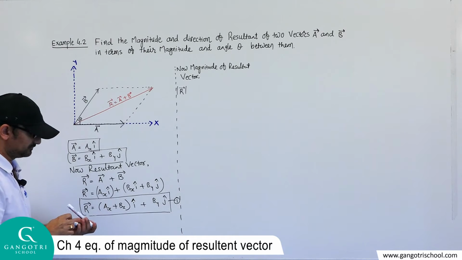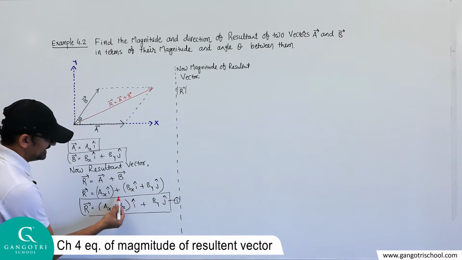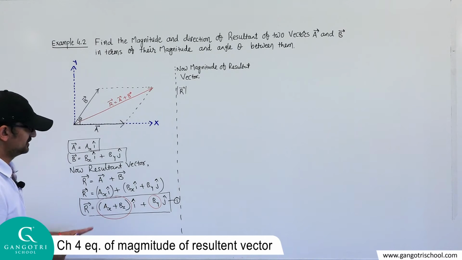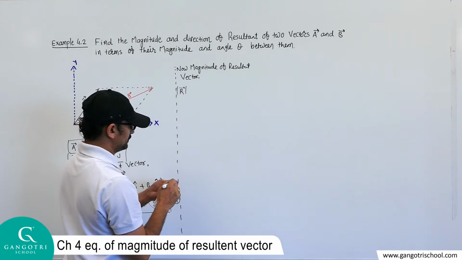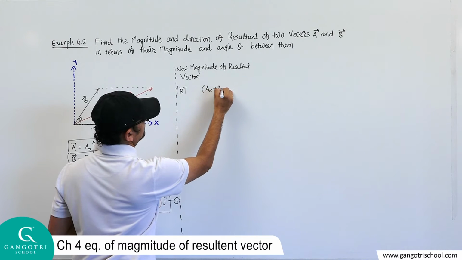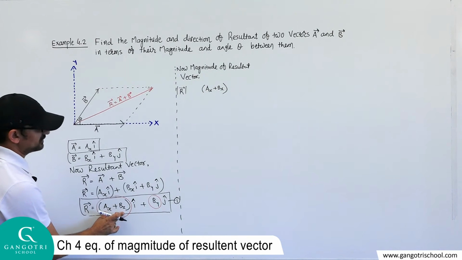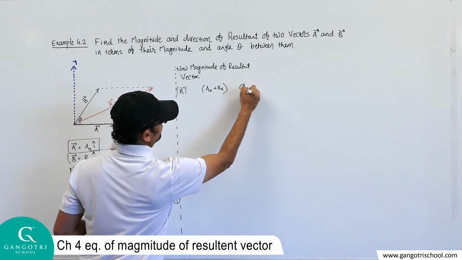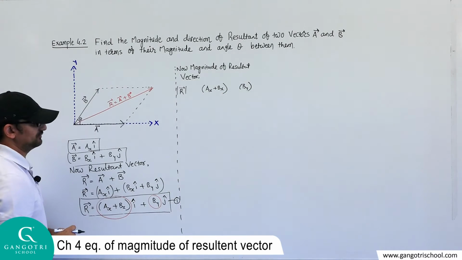Now look here, along with i caret, this is the x component and this is the y component along with j caret. So first of all, I'll write the components. ax plus bx is the x component of the resultant vector, and by is the y component of the resultant vector.